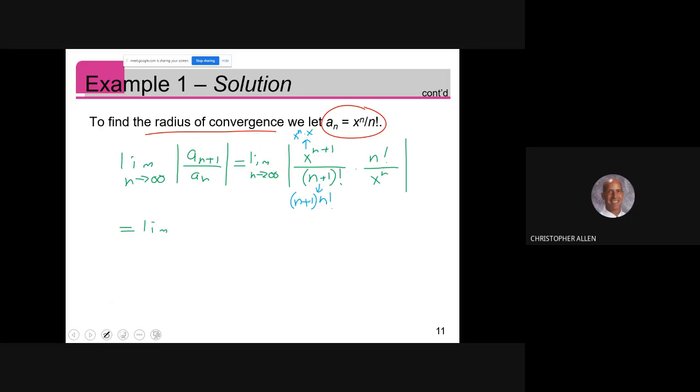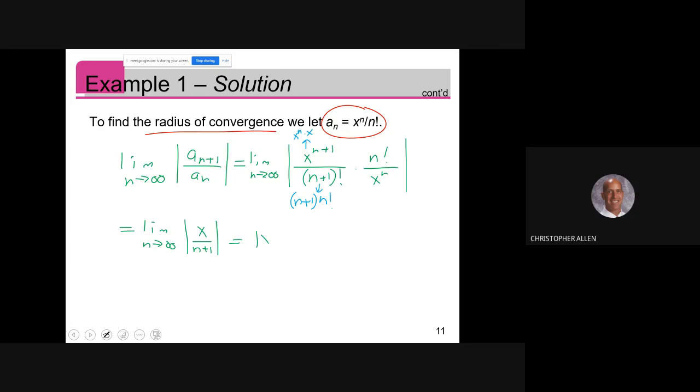So then that tells us we get the limit as n goes to infinity. Well, the x to the n's are going to cancel, so that'll leave you with just an x up there. The n factorial and the n factorial are going to cancel, so you're left with n plus 1 on the bottom. Well, x has nothing to do with that n part, right?